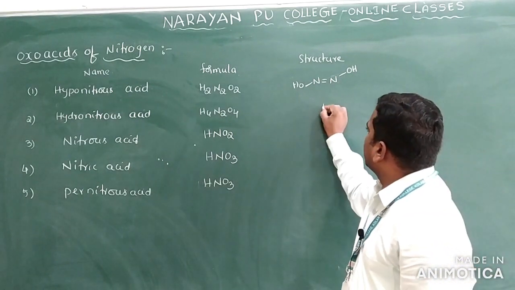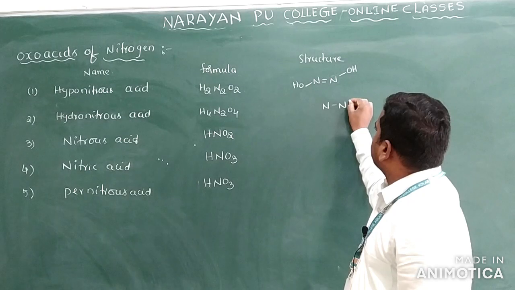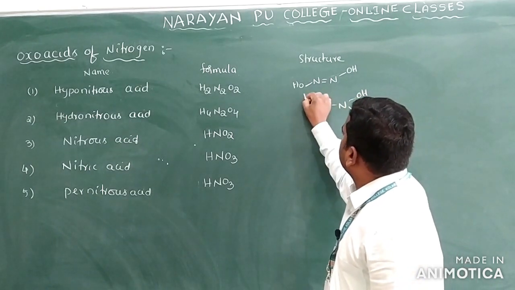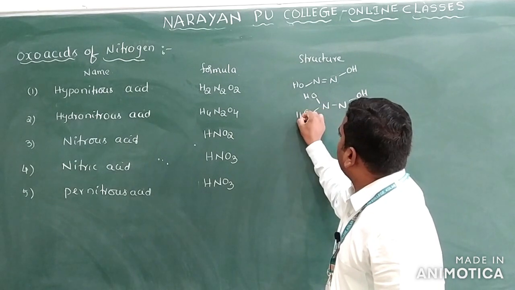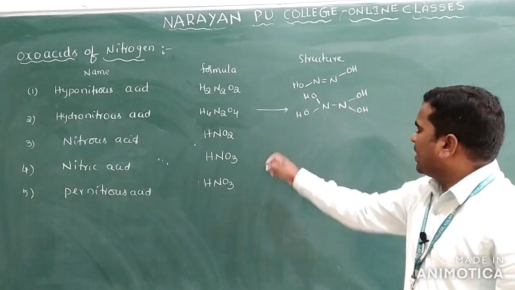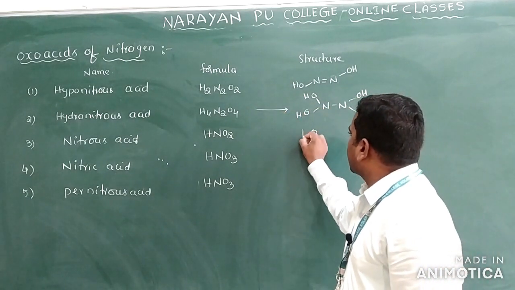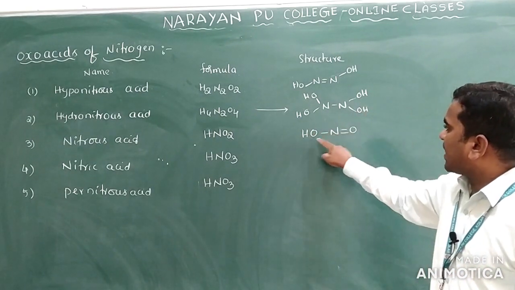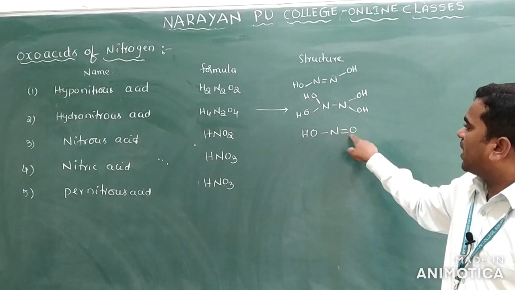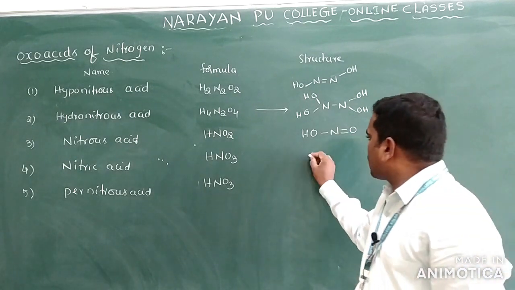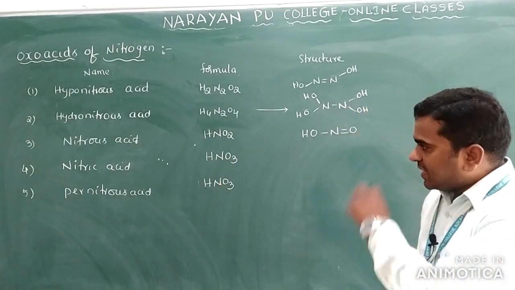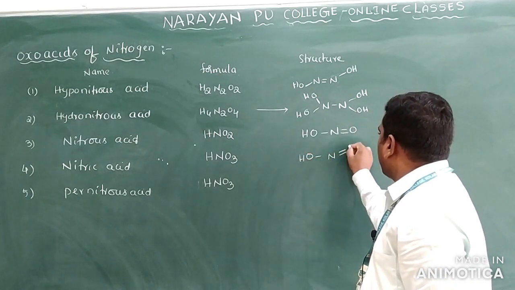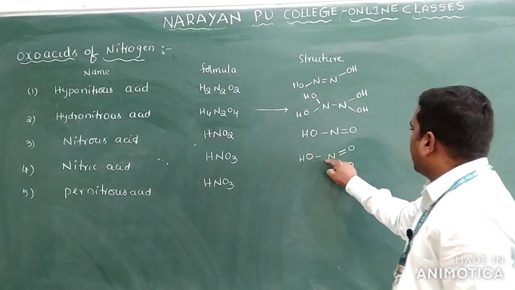Next is the structure of this compound: N with OH and OH. This is the structure of hyponitrous acid. For HNO2, what is the structure? H, and double bond O. You see, OH is present on the central atom, and also a double bond O. Next, nitric acid: OH, N double bond O, and one coordinate bond.